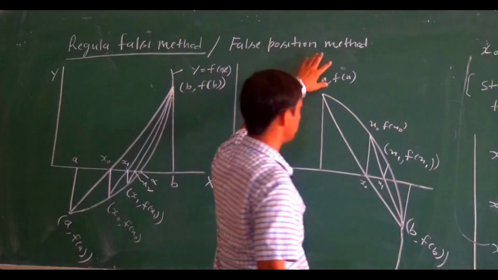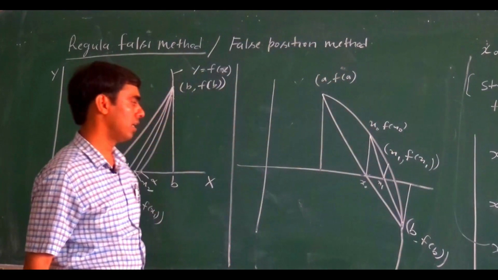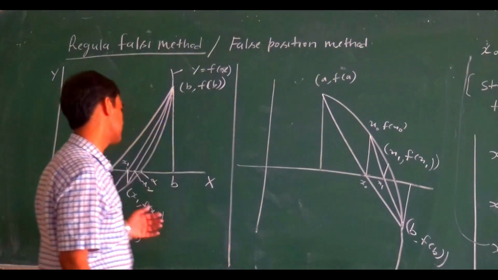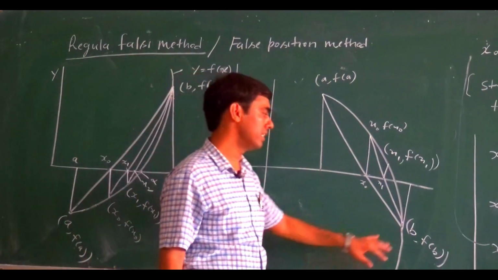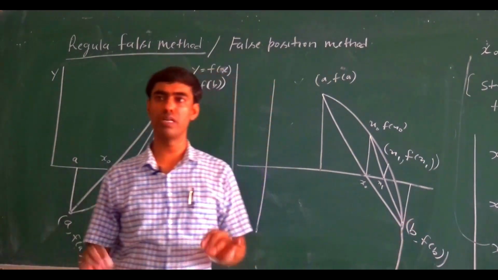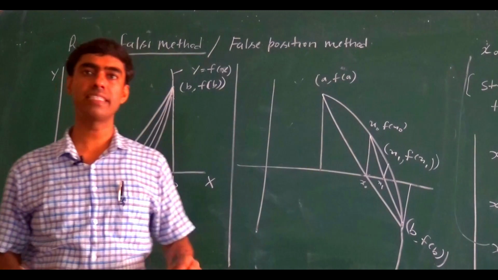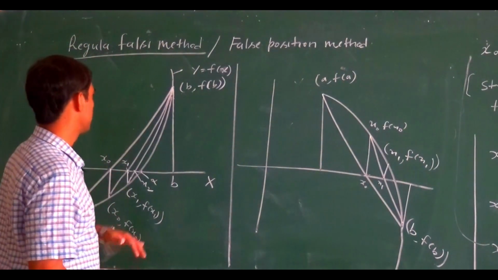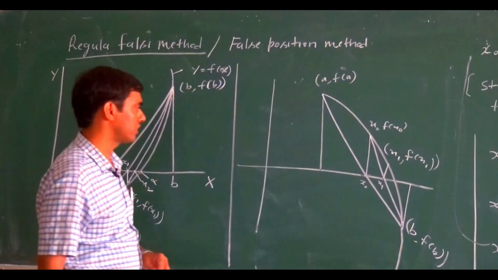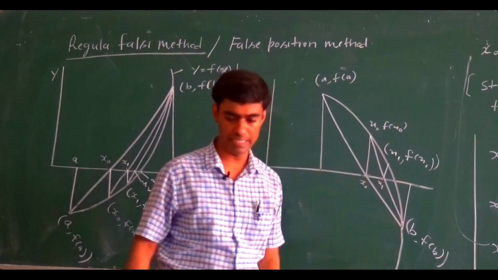So one end is fixed and another end varies. It's not necessary that only the positive end is fixed. Maybe the negative end is fixed. This depends on the nature of the function. Accordingly, maybe the positive end is fixed or the negative end is fixed.